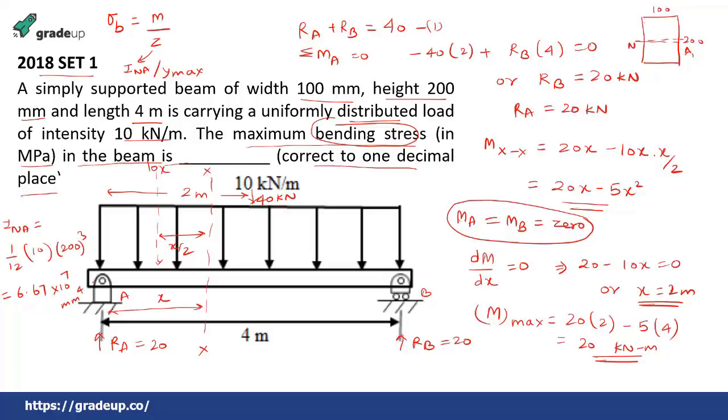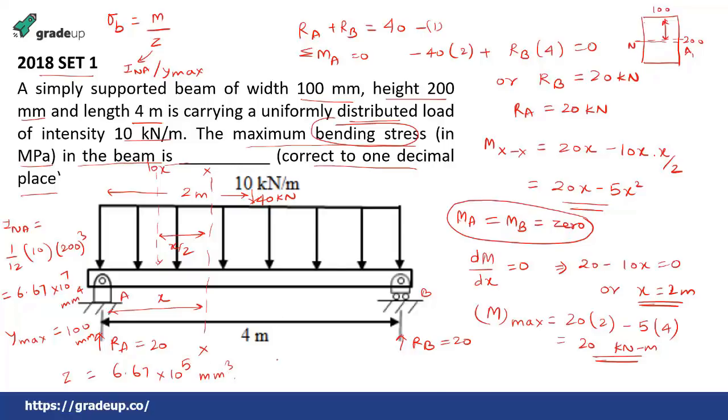This is the value of INA. And what will be the value of Y max? The Y max will be equal to this value, this is 100 mm. So the Z you will get as INA by Y max, that is 6.67 into 10 to the power 5 mm cube.